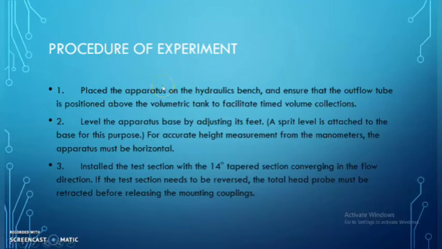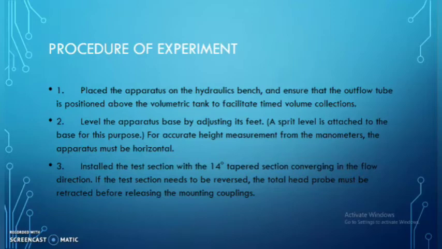For the procedure of the experiment, first, place the apparatus on the Bernoulli bench and ensure that the flow tube is positioned above the volumetric tank. Second, level the apparatus base by adjusting its feet.